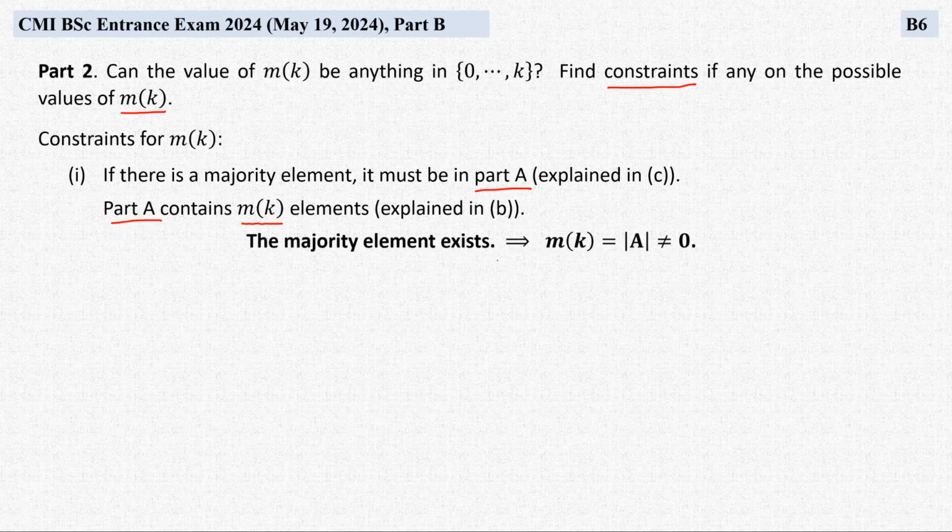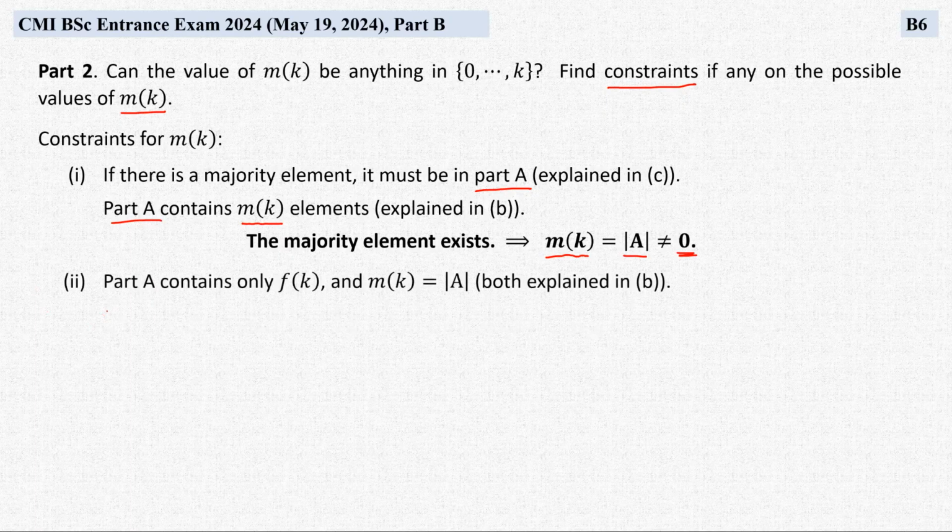Therefore, if the majority element exists, then m of k, which is equal to the size of part A, must be non-zero. Second, also from problem B, it is explained that part A consists only of f of k as its elements, and m of k is equal to the size of part A.